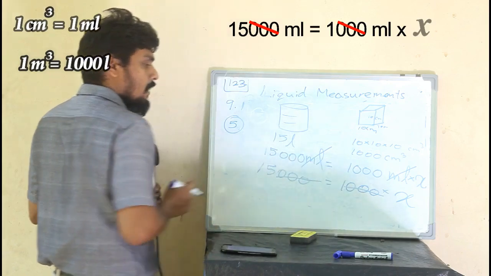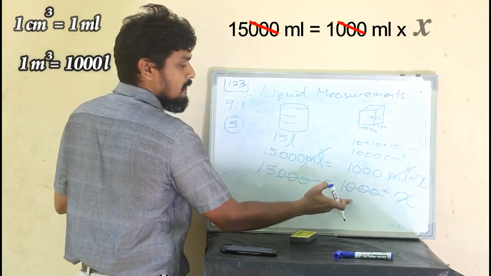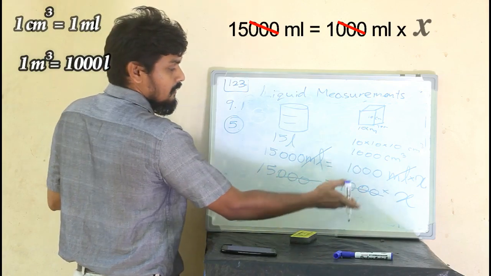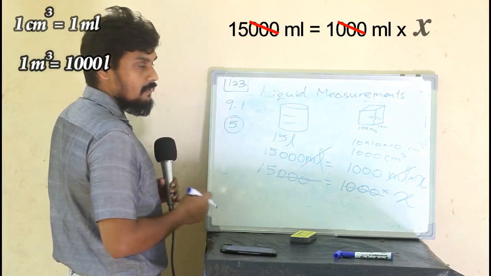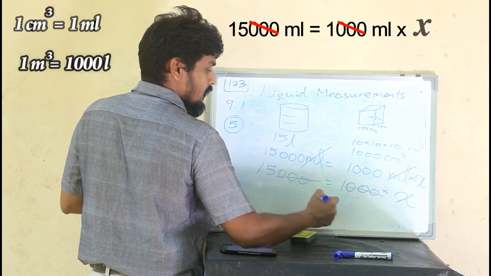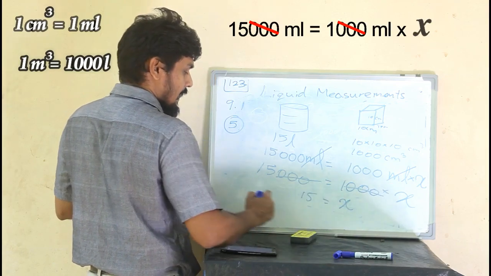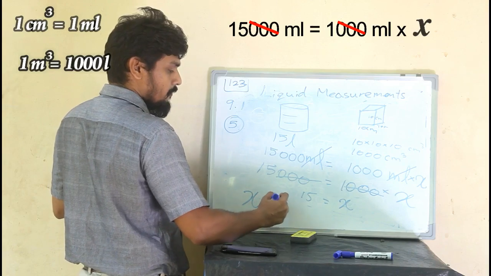You can cut them down, or divide by 1000 on both sides. Then the answer is x equals 15.